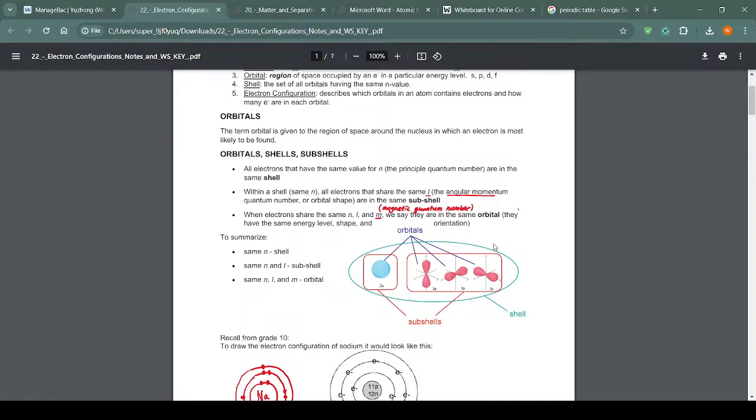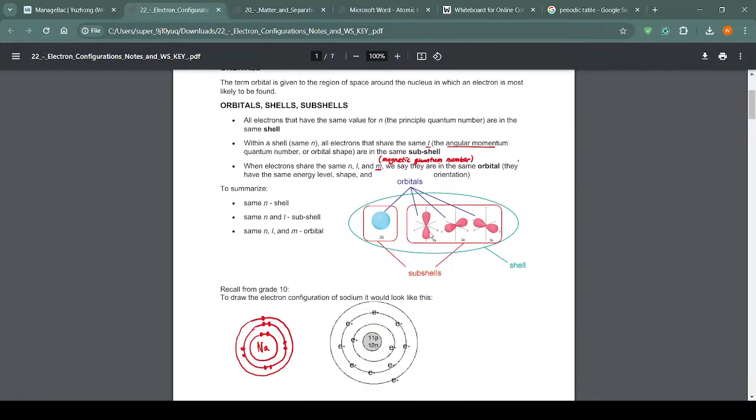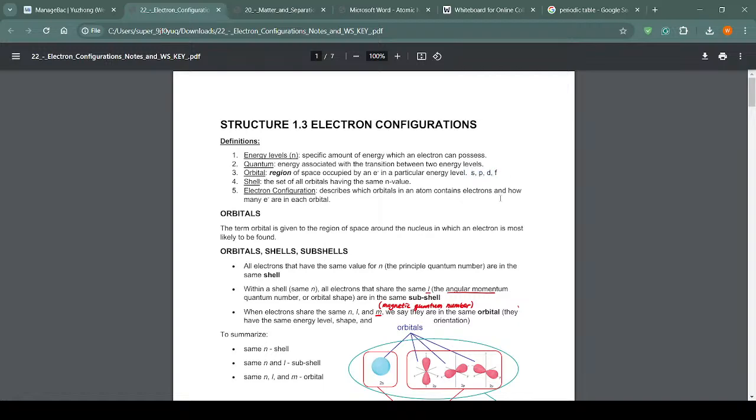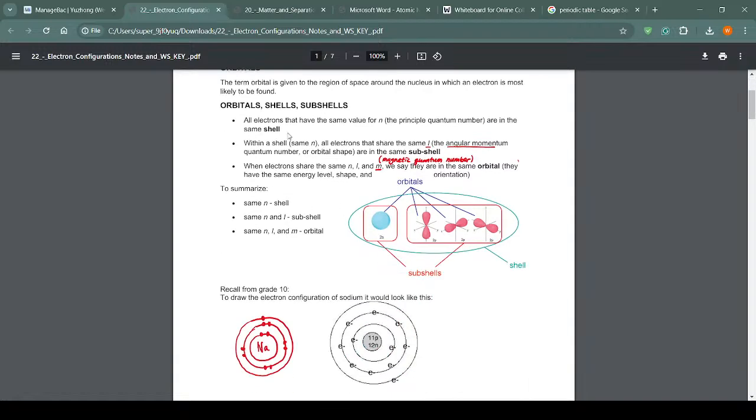Oh, okay. So it goes shells. So that's like the whole energy level. Then the subshells, and then the orbitals. Always fills up in the order SPDF.